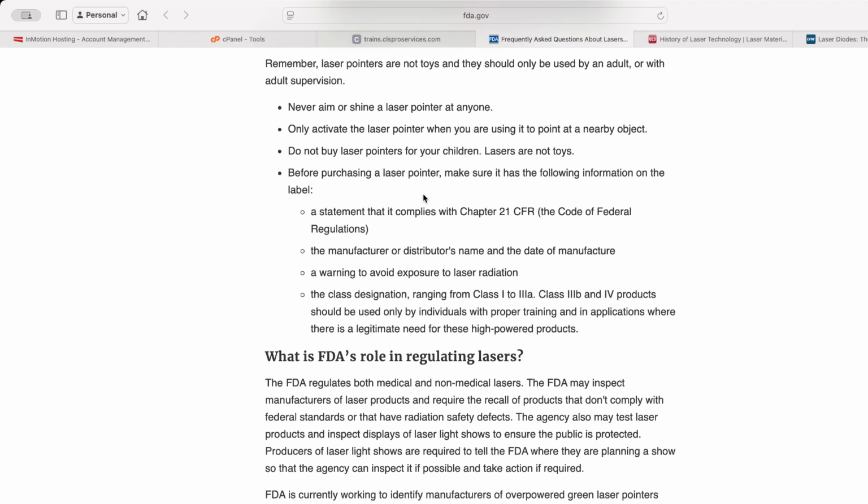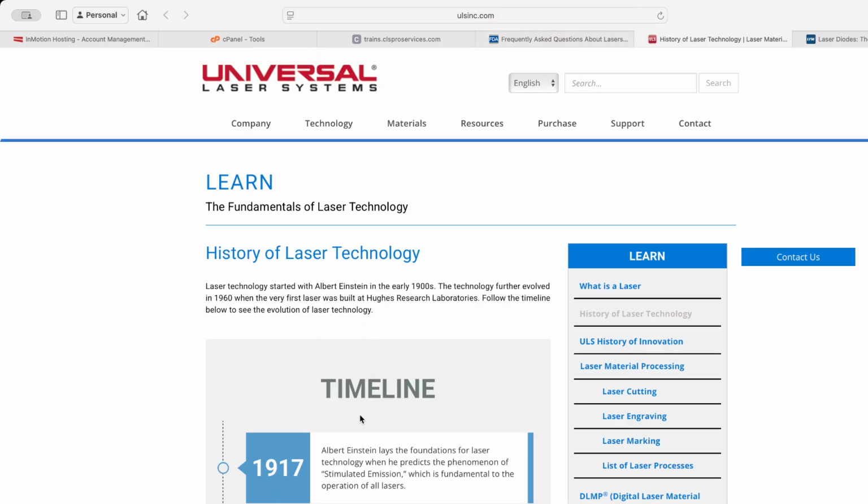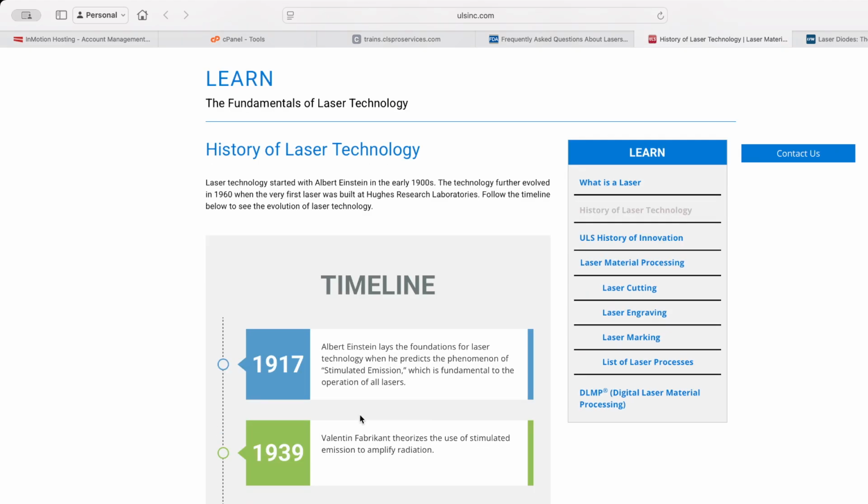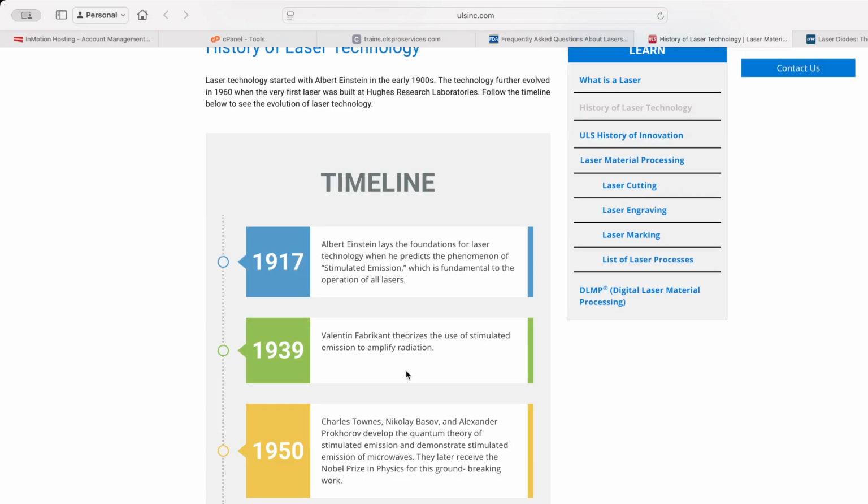From there, I wanted to talk about the history of lasers. If we look at this timeline, we'll see, like I said, Albert Einstein came up with the phenomenon of stimulated emission, which is the fundamental of lasers or masers, which is another similar thing.